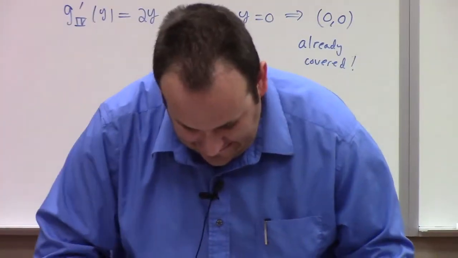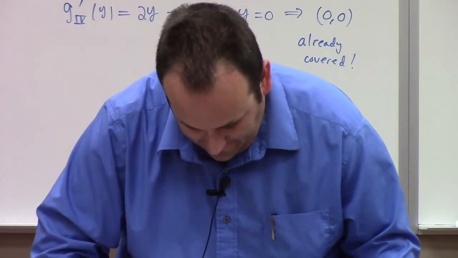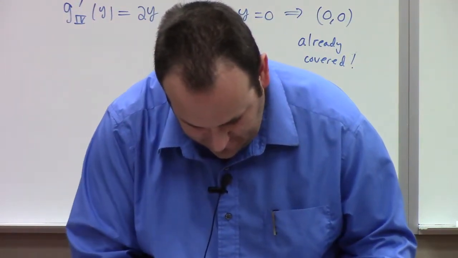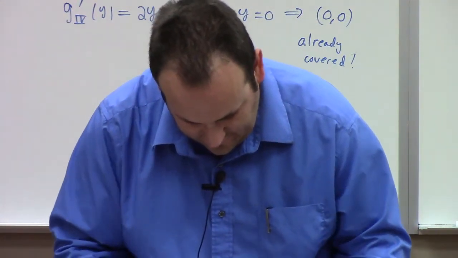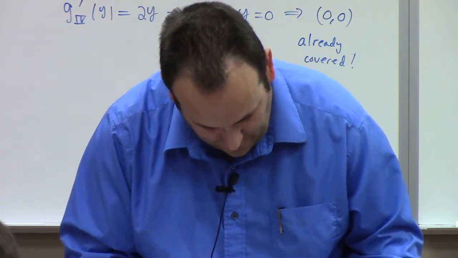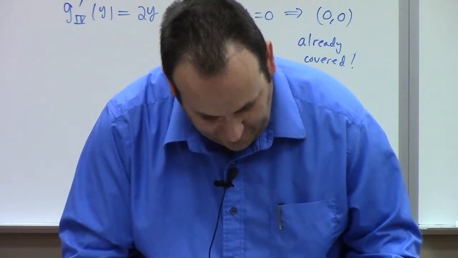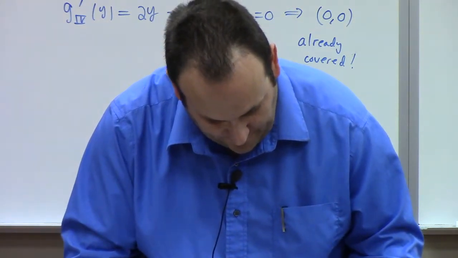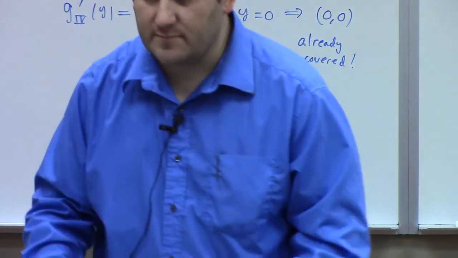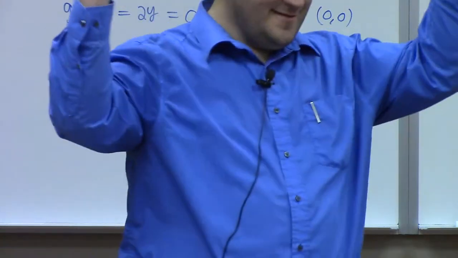This was number 3, wasn't it? Four comma minus 2 gives an absolute minimum of minus 13. 0 comma minus 3 gives an absolute max of 8. We win! All right.